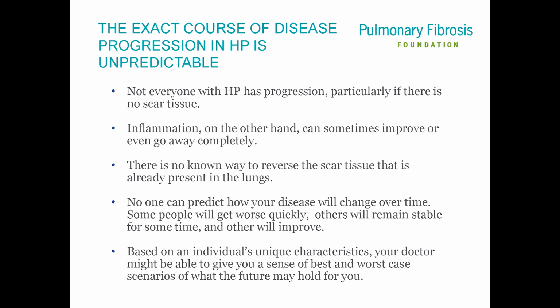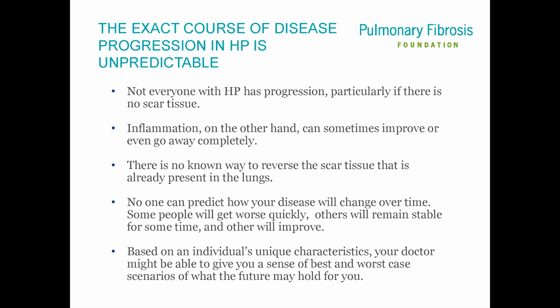But many people with HP have a more serious form of interstitial lung disease, and by that I mean that scar tissue is already present in the lungs. And as I've mentioned, the scar tissue is not reversible.